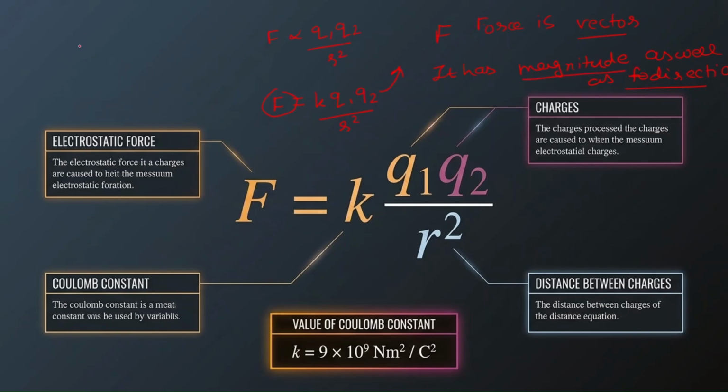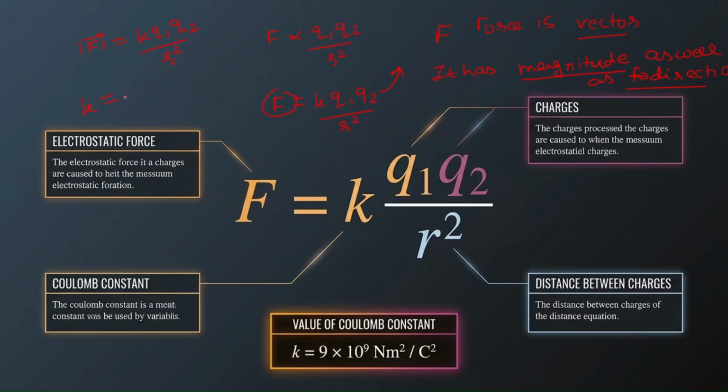If we talk about magnitude, we write it like this: F equals k Q1 Q2 upon r squared. Q1 is the first charge, Q2 is the second charge, and r is the distance between the two charges. Now, what is the value of k?